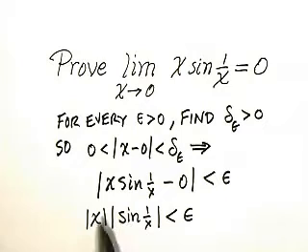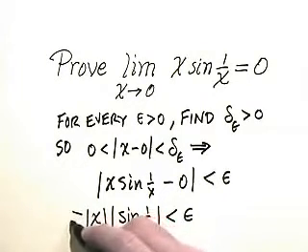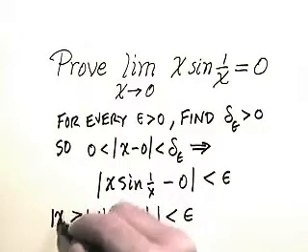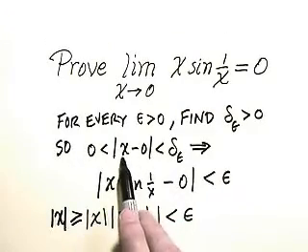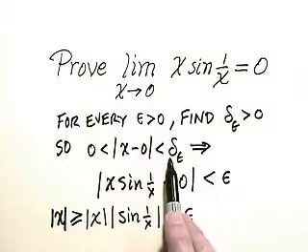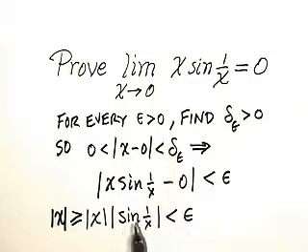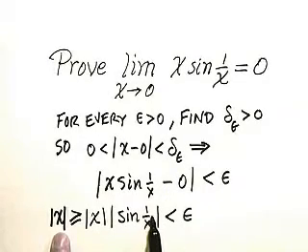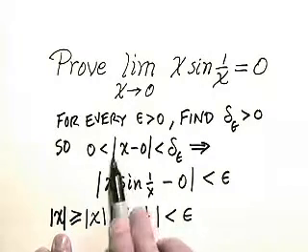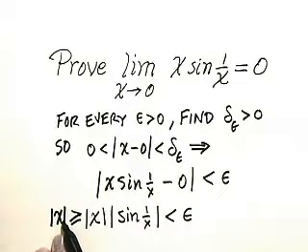Notice it's absolute x less than delta that we're looking for to imply that this quantity is less than epsilon. So if this whole thing is always less than absolute x, then all I have to do is take the delta equal to the epsilon. If I take the delta equal to the epsilon, this inequality would be the same as this, which would imply this, because that's even bigger than this. So we just take delta sub epsilon equal to epsilon.